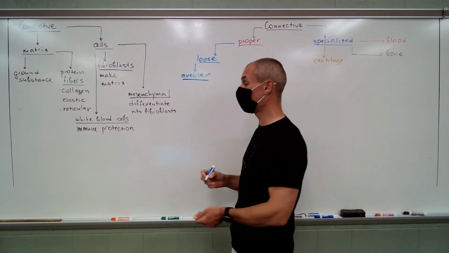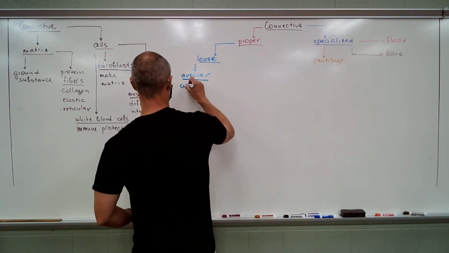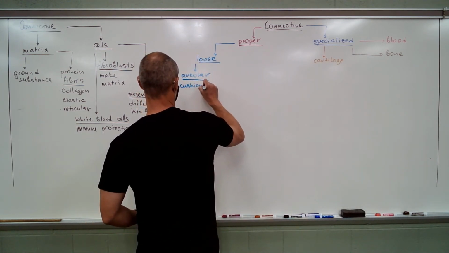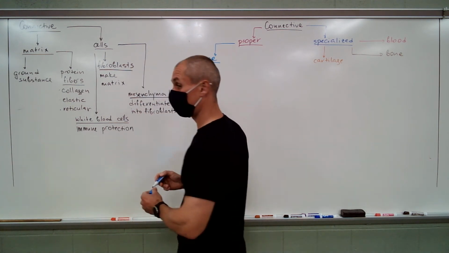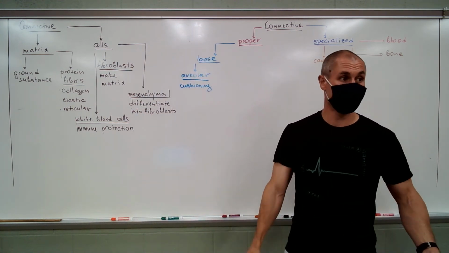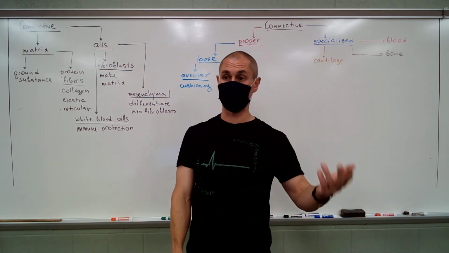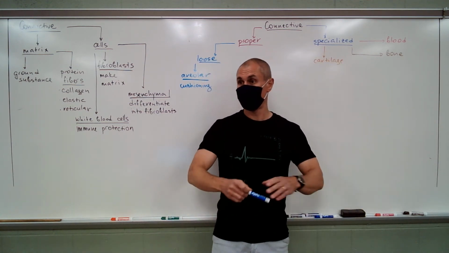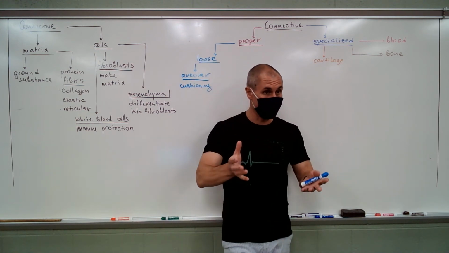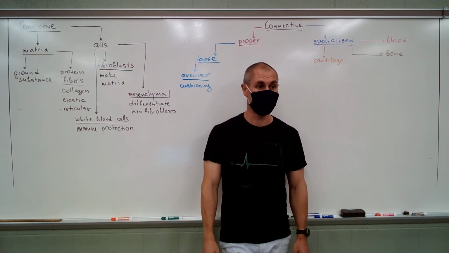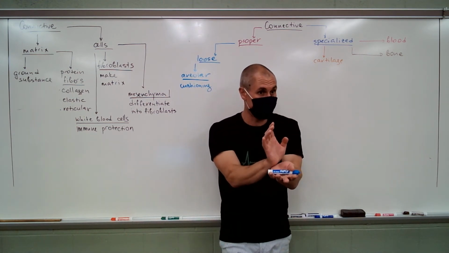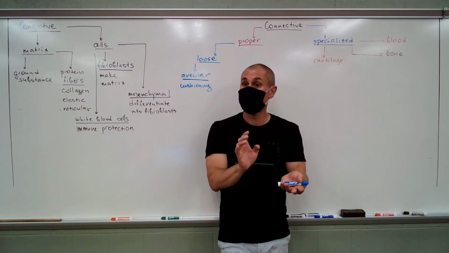It cushions virtually all the organs. Okay? You cut open a stomach, gut, liver, kidney as a whole organ, you're going to find areolar tissue surrounding it, providing that nice cushioning.